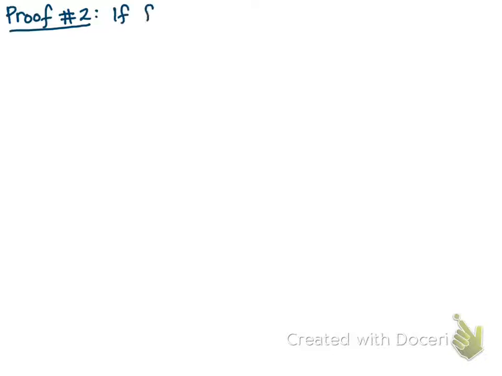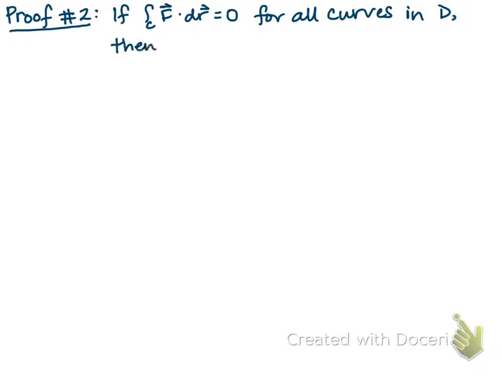If the line integral over C of F dot dr equals 0 for all closed curves C in the domain D, then F is a conservative vector field, or F equals gradient f.